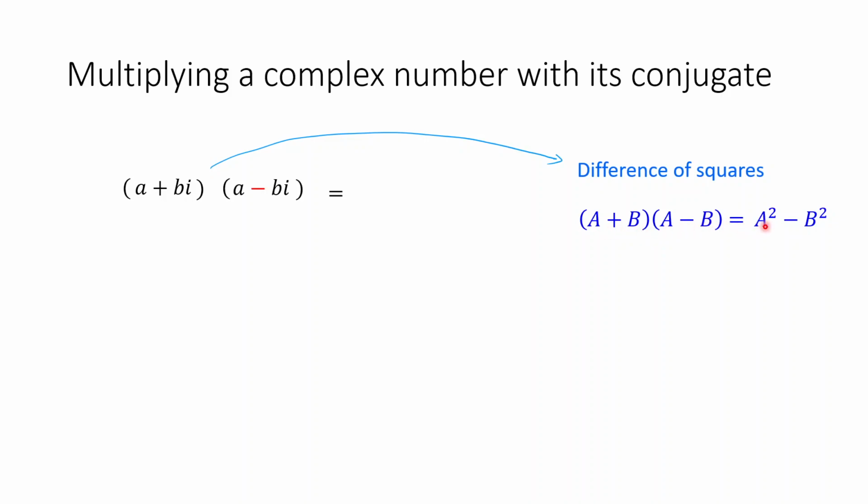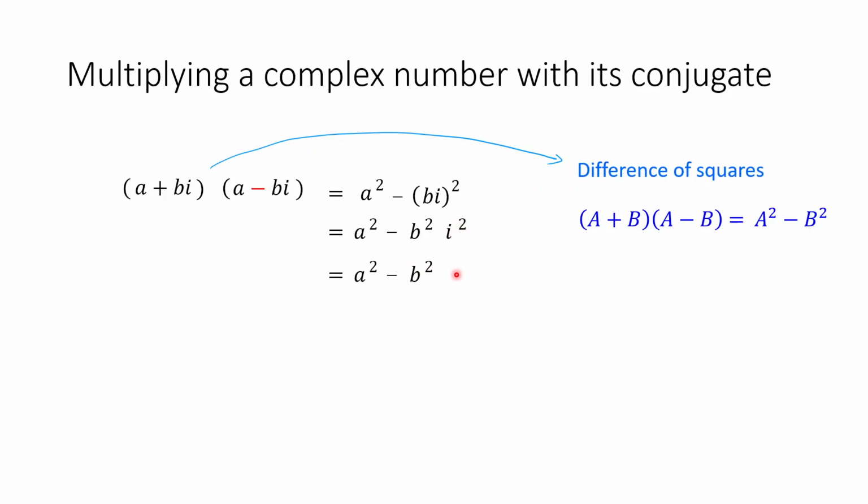This is a difference of squares. So we can write this as a difference of squares: this a squared minus, for b we have bi, so (bi) squared, equal to a squared minus b squared times i squared, equal to a squared minus b squared.